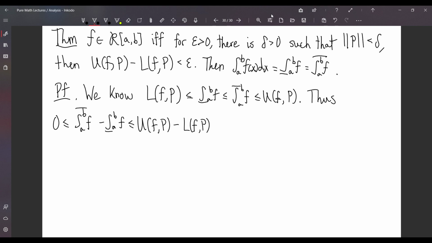Now as we take p to be finer and finer, this side here is going to be less than epsilon. So this here is going to be less than epsilon as well, right? And so you can rephrase that as this going to 0.